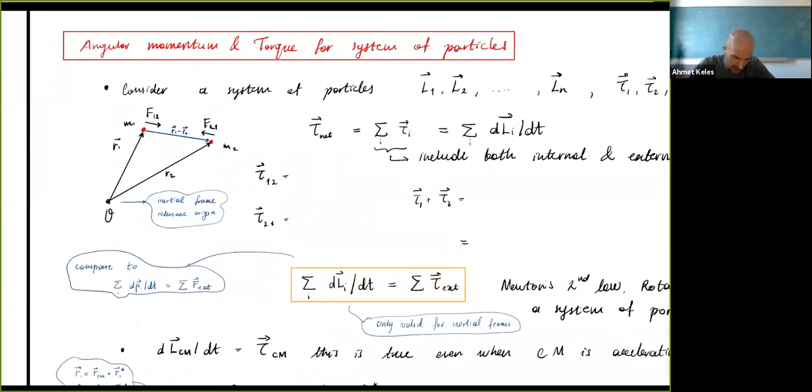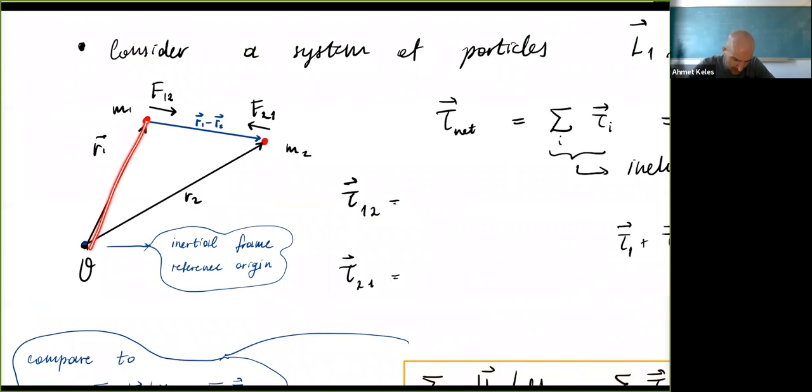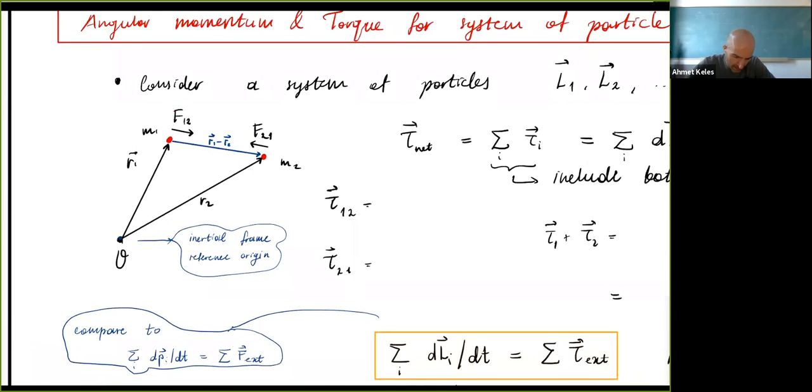So first, I want to put M1 at R1 and M2 at R2. And I want to look at the force on 1 by 2, which is F12, or force on 2 by 1, which is F21. So I can write torque on 1 due to the force by 2 is equal to R1 cross F12.